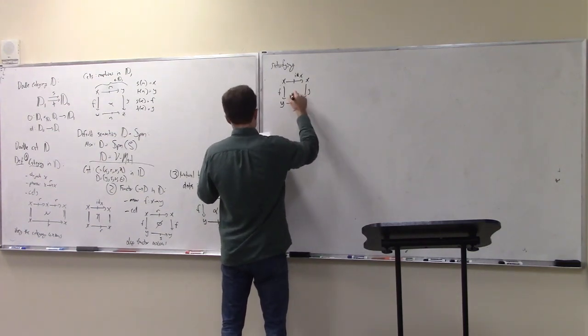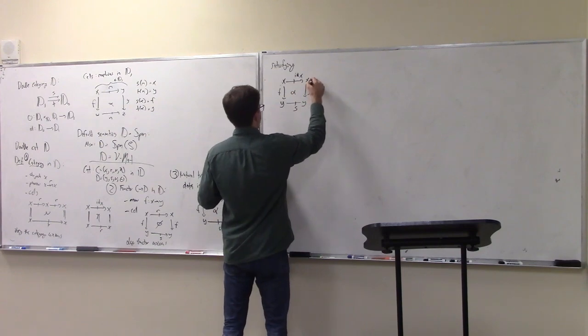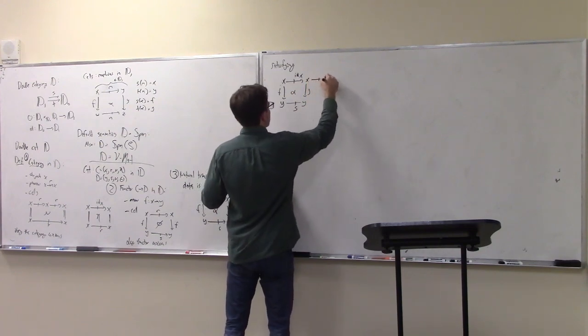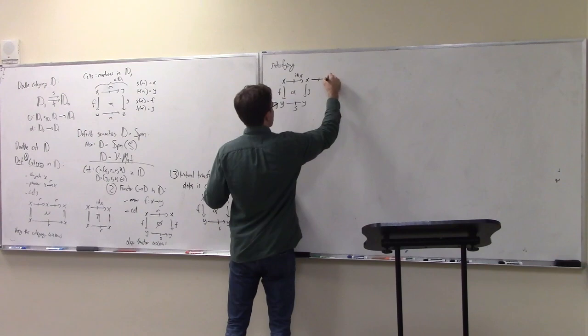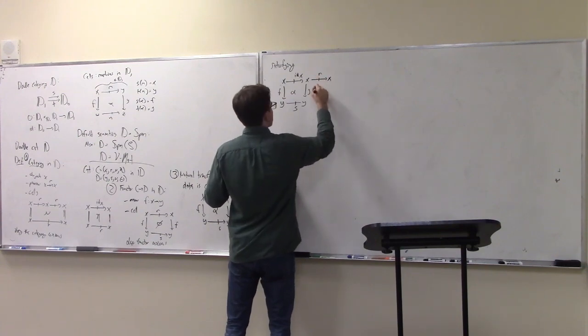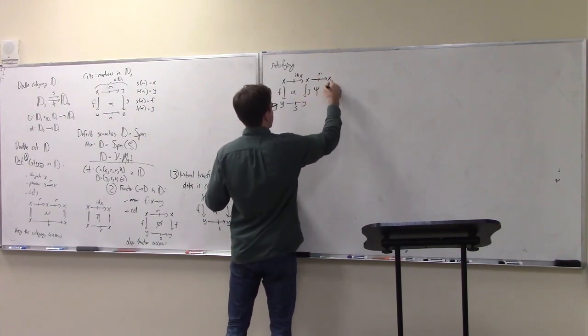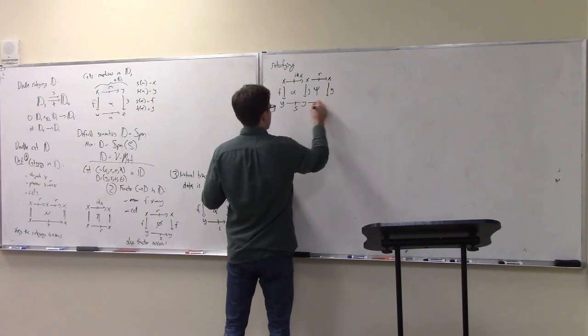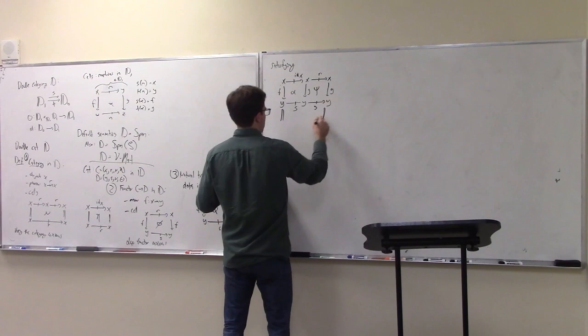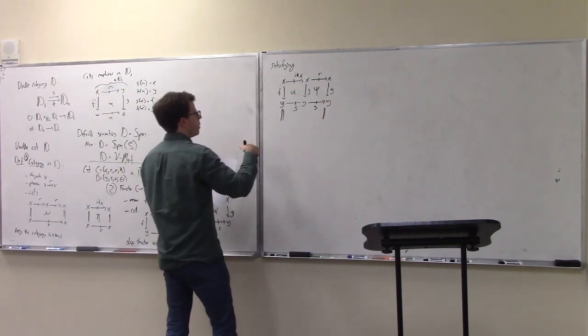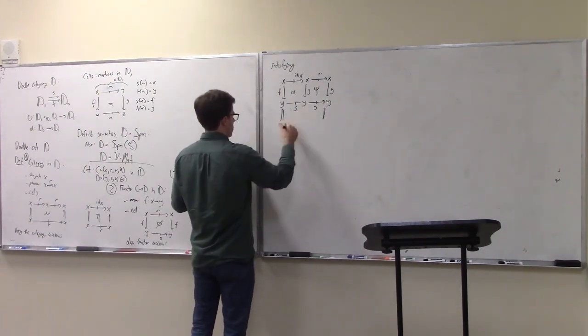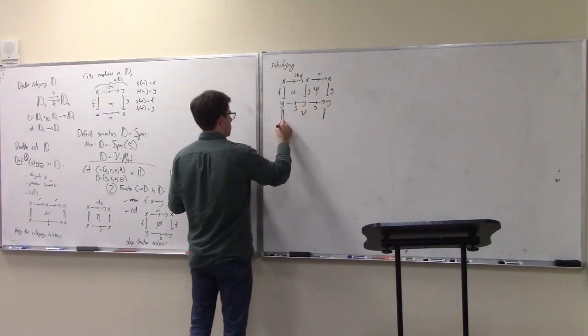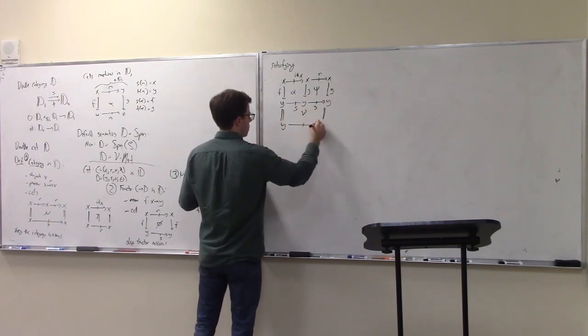Yes. This is alpha. So then I have my other functor, which is G. And so I've got two S's here, so I need to apply the composition in my codomain category.